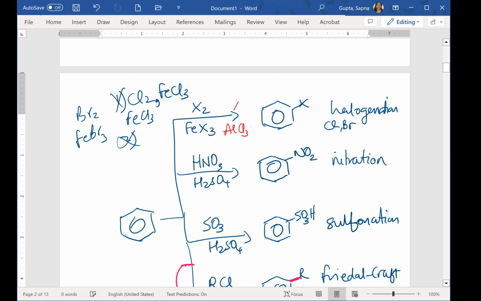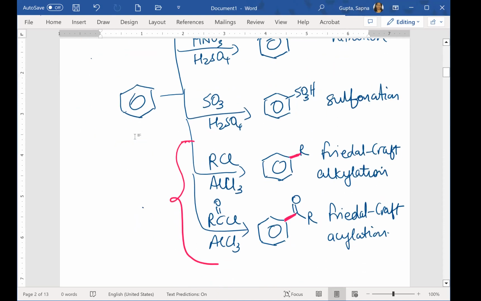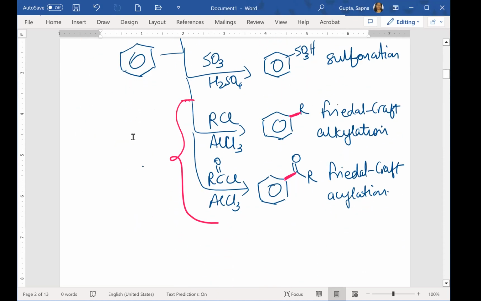When he's doing chlorination, he uses aluminum chloride, and that's okay, so long as it's chlorine and chlorine. But wherever you have H2SO4, you cannot switch that out. You have to use sulfuric acid in those cases. So here also for Friedel-Crafts, you cannot switch out the catalyst. You have to leave it as aluminum chloride. So no mixing and matching and no moving things around.